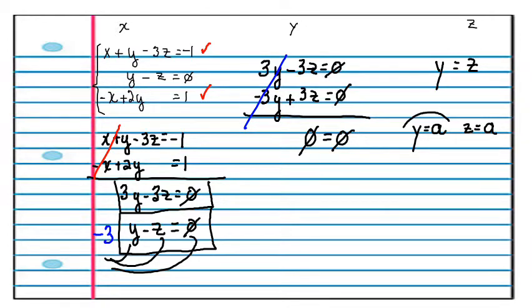So we know that y equals a and z equals a. The whole big deal here is now to go find x. So we have x plus, taking the y away, gives me an a. And I'm going to take the z away, negative 3 times the a, and it equals a negative 1.